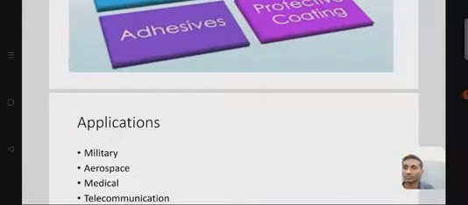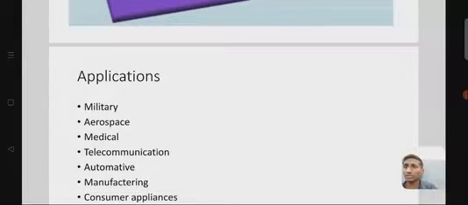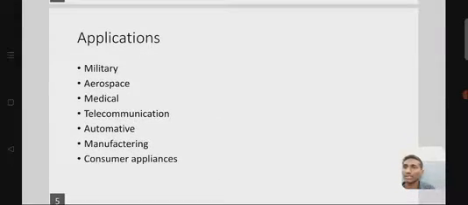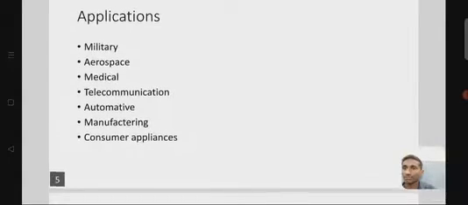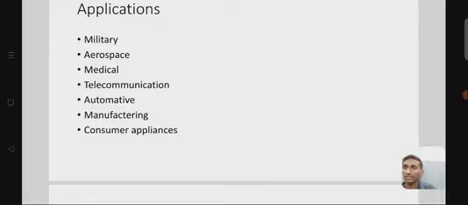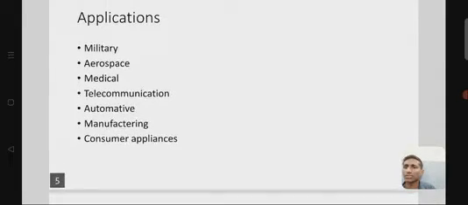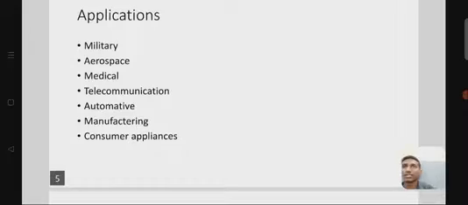Where do we use them? In military purposes, aerospace, medical, and telecommunication like mobiles. Medical means things like some surgery machines. Also automotive manufacturing, and consumer appliances like a mobile charger.